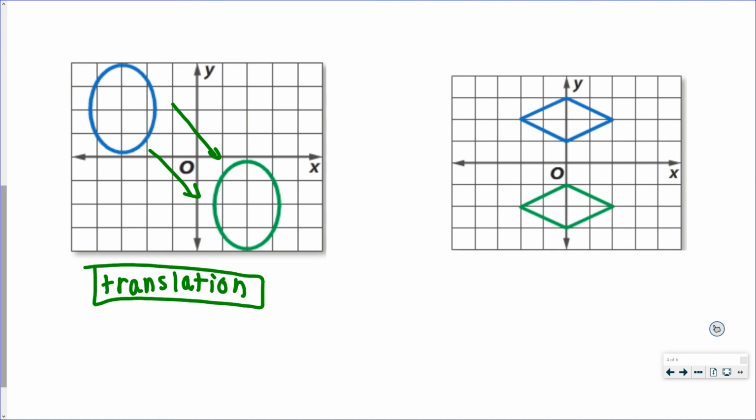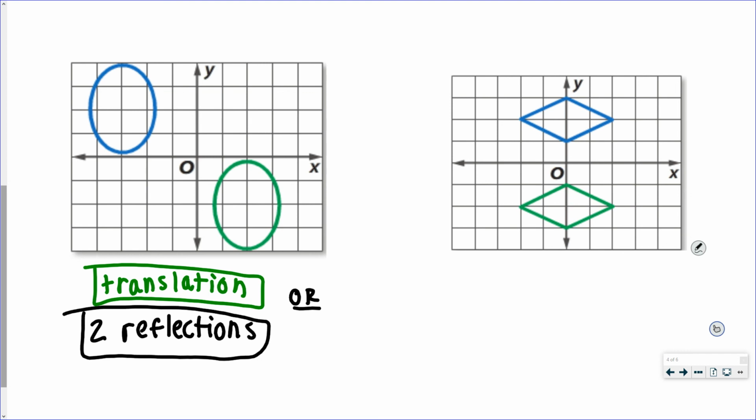Another way we could classify this is 2 reflections. Let me show you that. Translation is probably the best answer here, but if I were to reflect this over the x-axis, picture folding your paper right here, it'd be here.